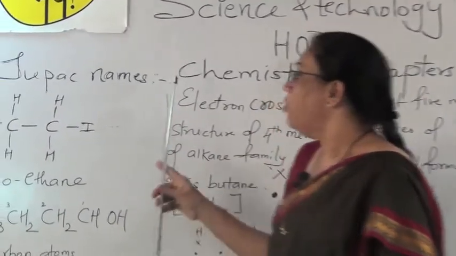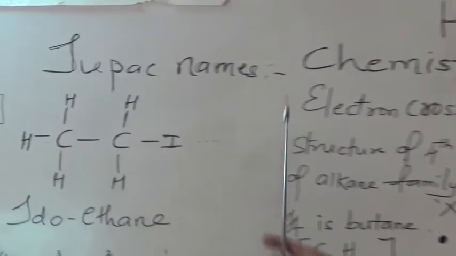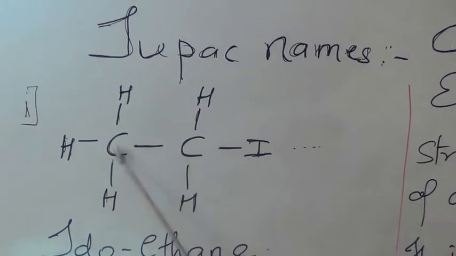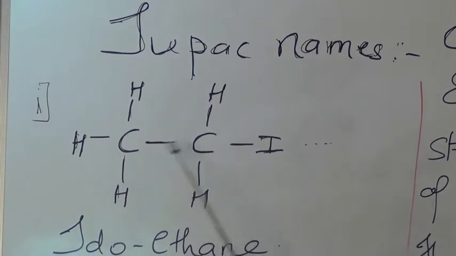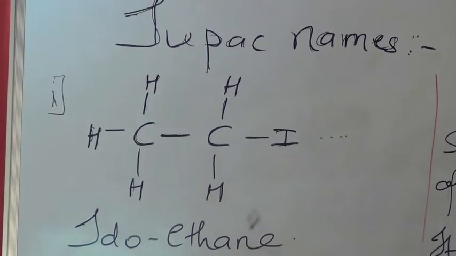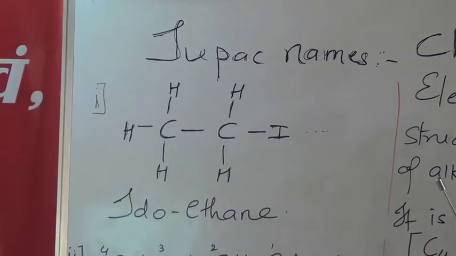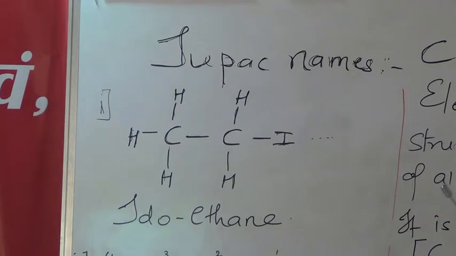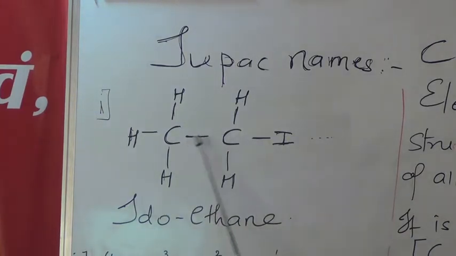First one, give the IUPAC names of the following compounds. Here they have given you a structural formula which contains the carbon atoms and the hydrogen atoms along with iodine. Now, while finding out the IUPAC name, we have to see the number of carbon atoms in a straight chain.